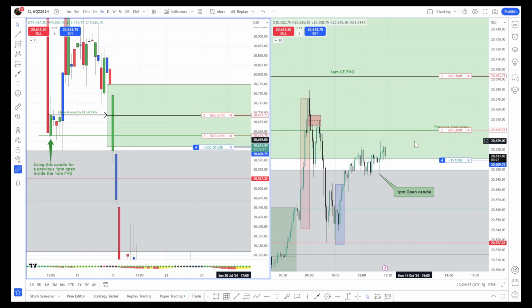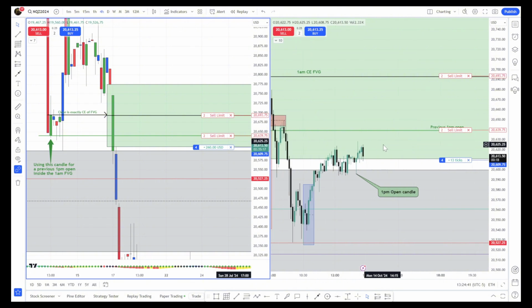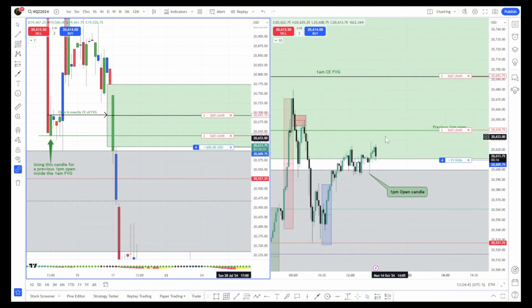We talk about holiday hours. So we could just tap this fair value gap, and that could be all that's needed, as this is a 1 o'clock sensitive area.